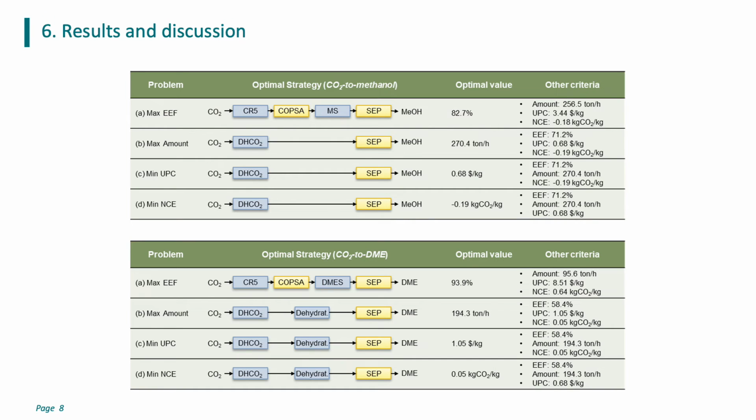However, its UPC is around 5 times higher than the others. The most economic and eco-friendly strategy is the direct CO2 hydrogenation, and its values are shown in the table. Similarly, the optimal strategy for DME product within various criteria is also shown in the table below.